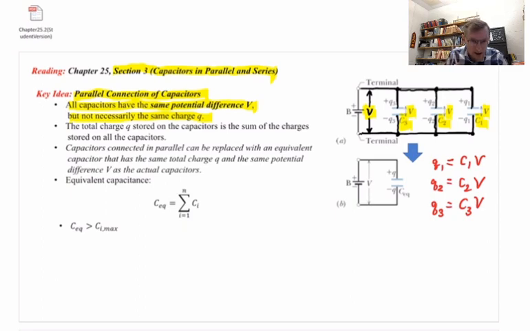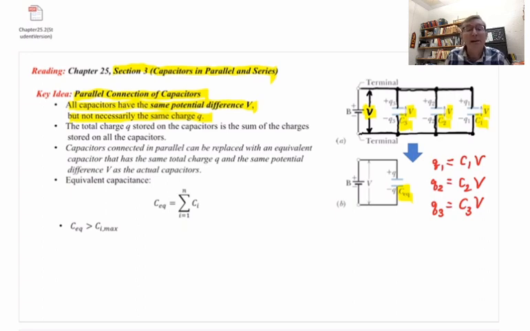All right, so they have different Qs, but what they have the same in a parallel connection is the same potential difference V. Now, what we want to do is simplify that circuit down to one equivalent capacitor connected to the battery. And that's what the second drawing shows. It has replaced the three capacitors in parallel with one equivalent one, with some capacitance CEQ for equivalent.